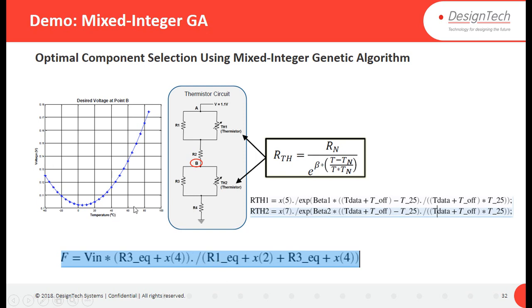To get this curve, we can subtract the original voltage curve which I want from the voltage generated by the equation, as we did previously. So we have to minimize the residual, the error. The closer the error is to 0, the more perfect the fit. That's all we have to do.